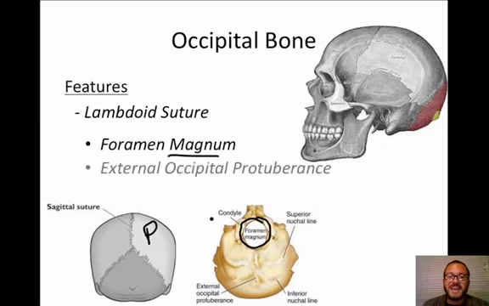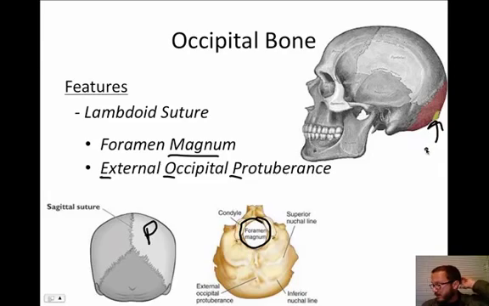We then have the external occipital protuberance, or if you want to be cool, you can call it the EOP. That is this bump right here at the back of your head. In fact, if you feel on your head right now, you'll be able to feel a bump right back there. Muscles connect from your neck all the way to this thing. So when you put your head up, muscles are pulling on your EOP.